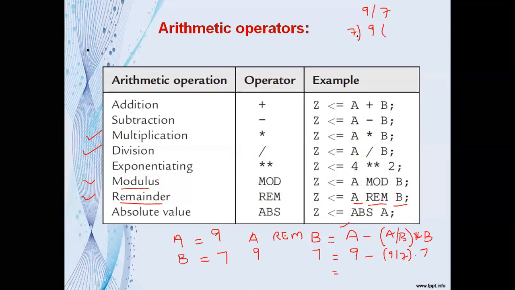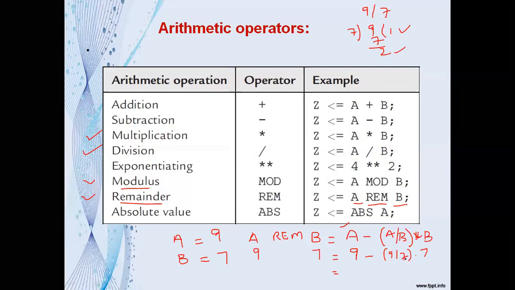The quotient value is 1 and the remainder value is 2, right? When you divide 9 by 7, the quotient is 1 and the remainder is 2.